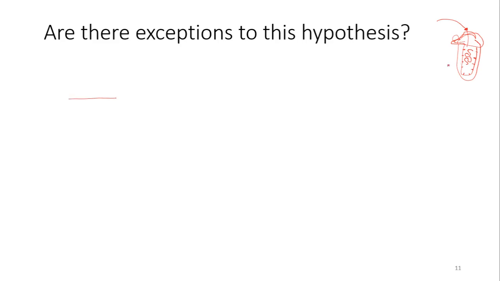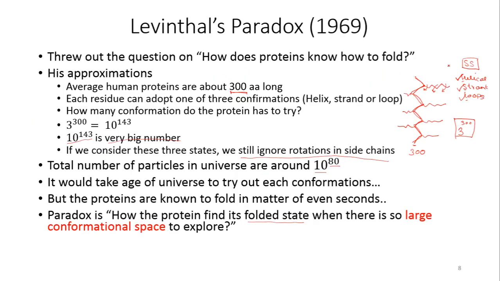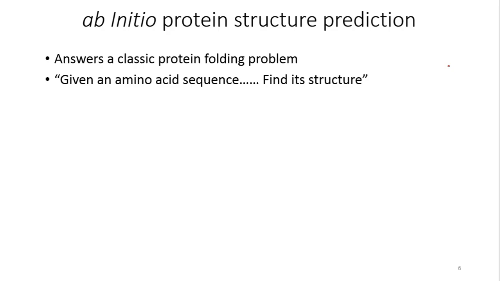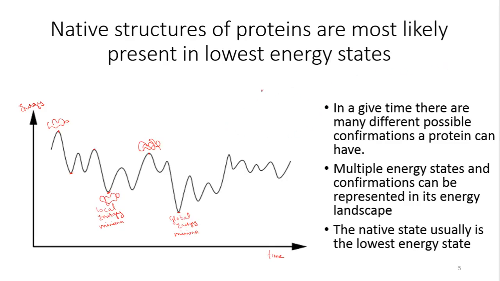Okay, so say, for example, if you go back to your energy landscape, sometimes it might happen that this protein might get stuck in some local energy minima, and it might become difficult for this protein to cross this energy barrier.